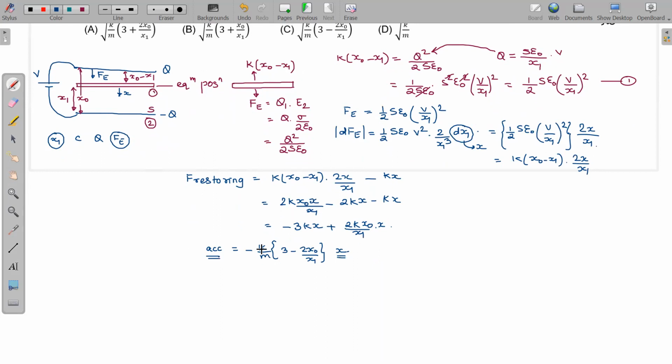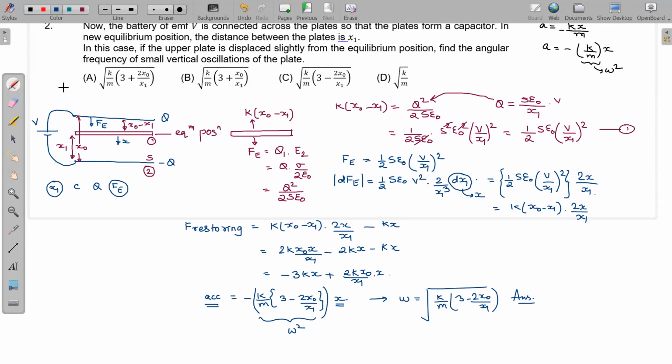So comparing with the equation of linear SHM, you can say that this term in the bracket represents omega square. So the angular frequency, which has been asked in the question, will be simply under root of k by m times (3 minus 2 x naught by x1). So this will be the angular frequency in the second case. So you can see over here that this must be option C, right? k by m into (3 minus 2 x naught by x1).